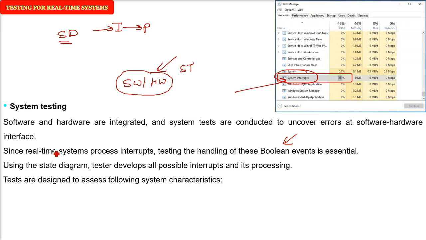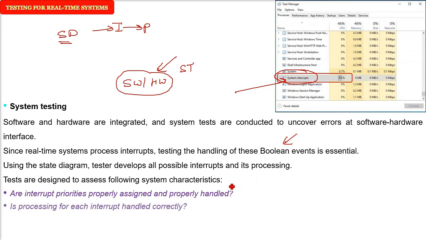Are the interrupt priorities properly assigned, and are these interrupts properly handled with proper priorities? Is processing of each interrupt handled correctly? Because these two are important, we also have to see the performance.